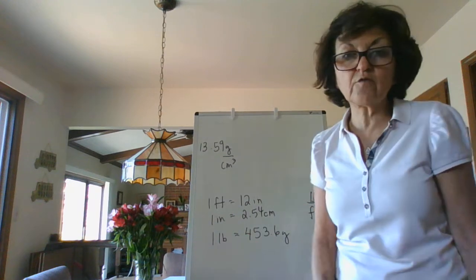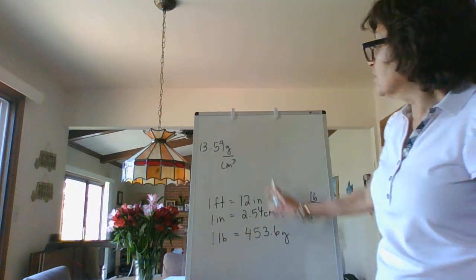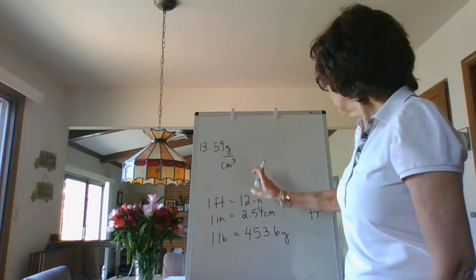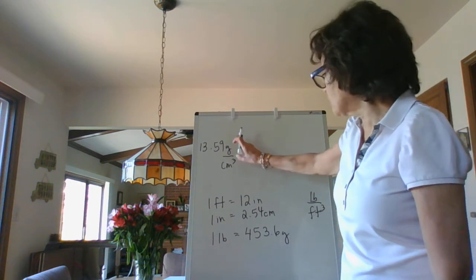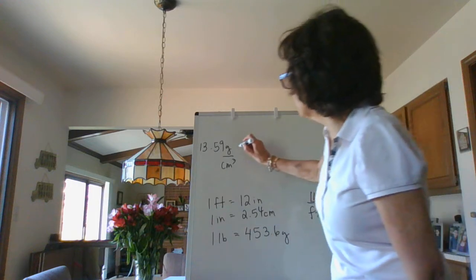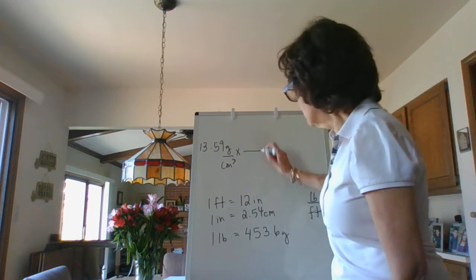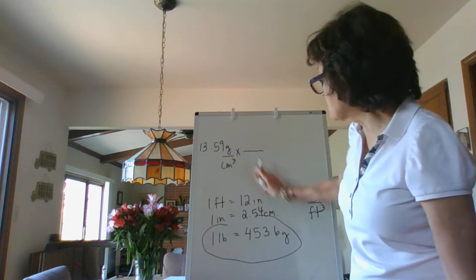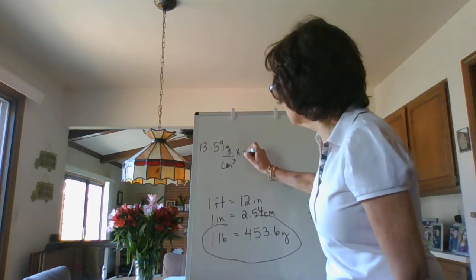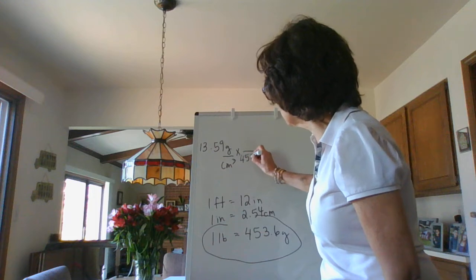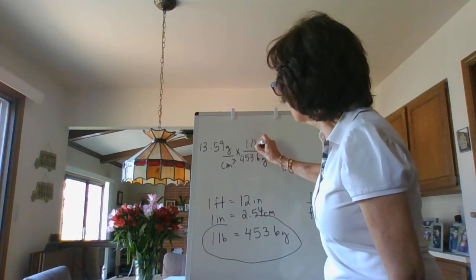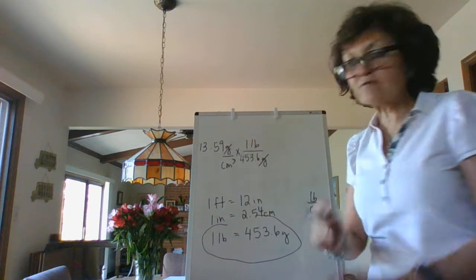Okay, so let's focus on one and then we'll focus on the other. I want the grams to be converted to pounds. Easy enough. I'm going to use this conversion factor here. Since this is grams, I'm going to put grams down here. 453.6 grams is 1 pound. Excellent. Now I've got pounds in the numerator.